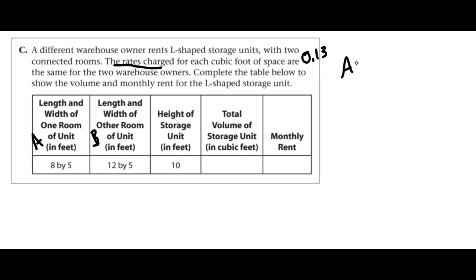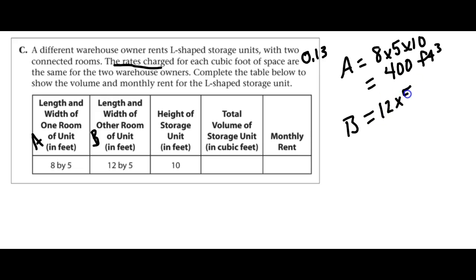So room A is going to be 8 times 5 times 10, which when we solve that, 8 times 5 is 40, times 10 is 400 cubic feet. Room B is 12 by 5 by 10, length, width, and height.